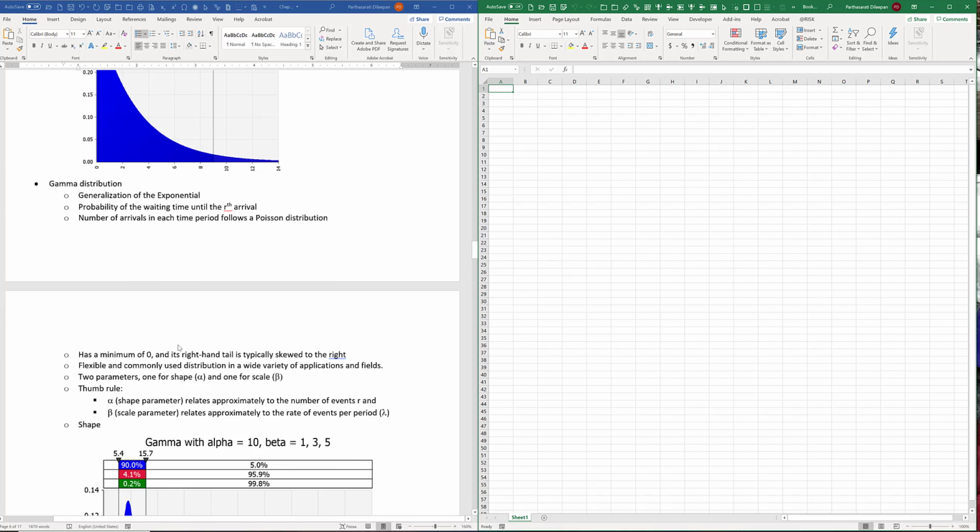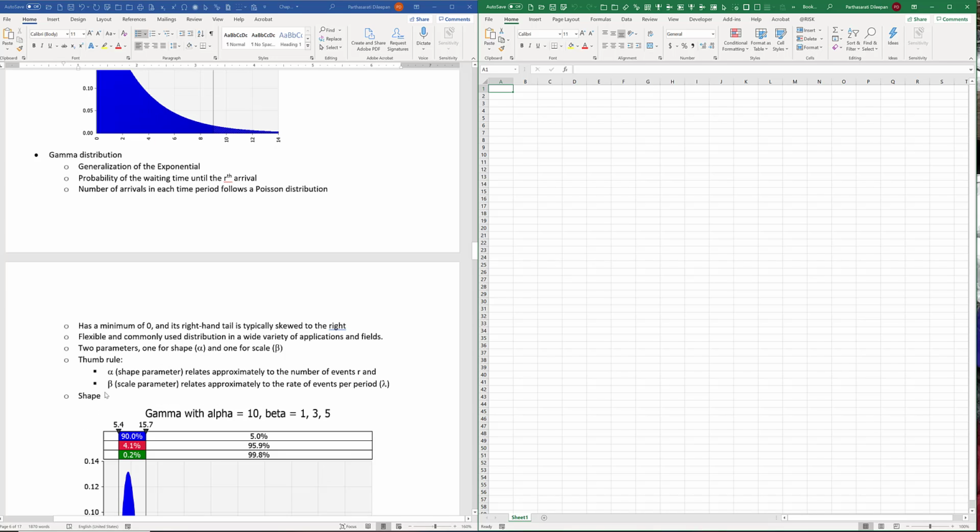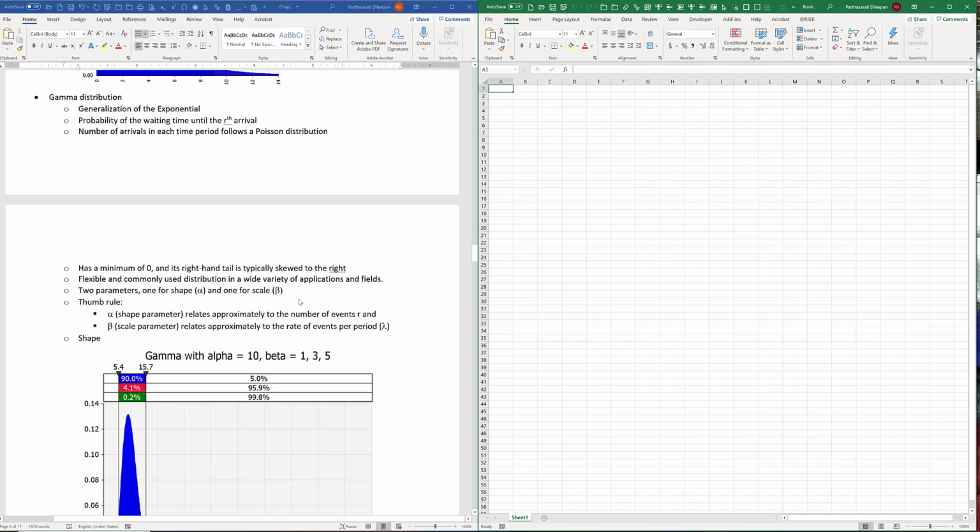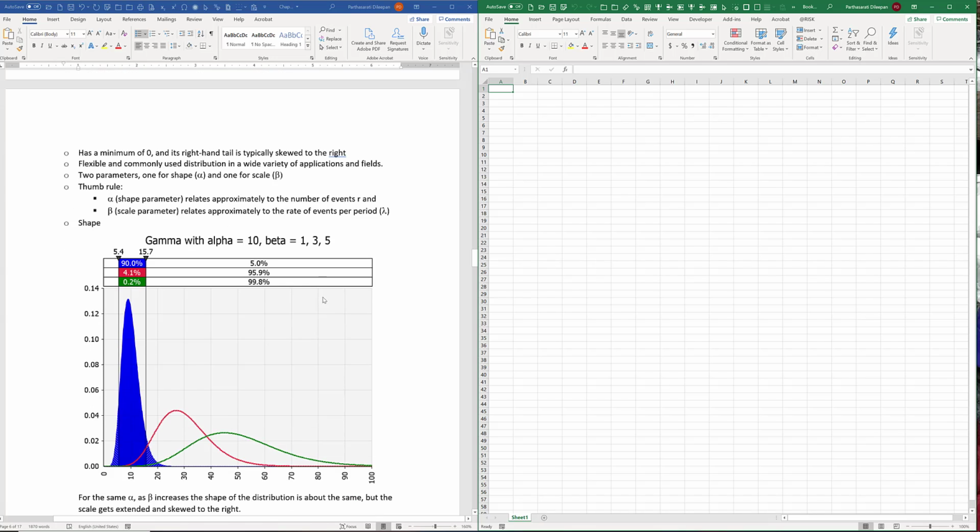So it has a minimum of 0 and on the right-hand side is skewed to the right. It's a very flexible distribution, and it is used for a variety of applications. And again, it has 2 parameters, alpha and beta, and alpha is called the shape parameter. So what kind of shape?